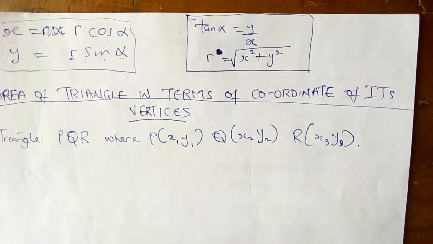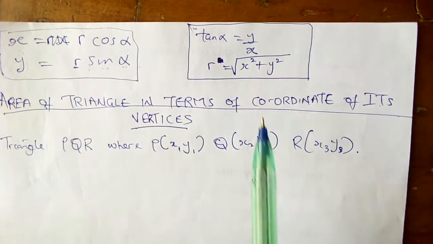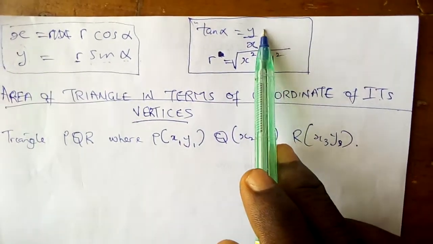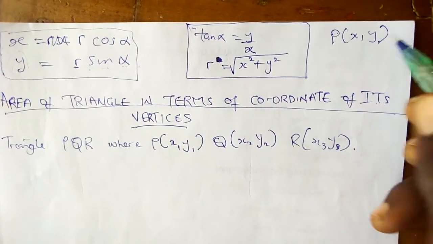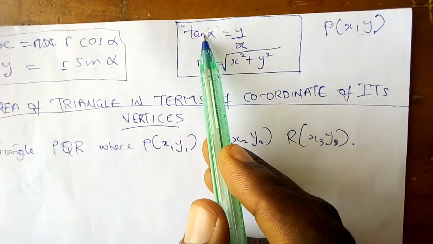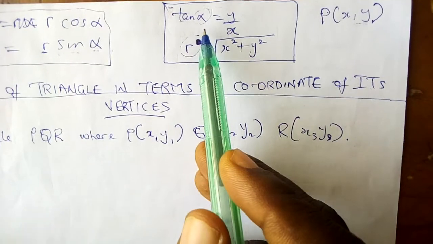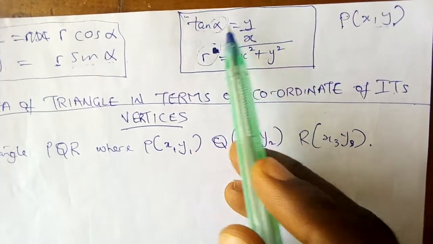Now if you want to convert from Cartesian to polar, this is the formula you will use. They would have given you your x and y in the question. Then if you want to change this to polar, that means you want to calculate the angle and the r. Calculating for the angle, you make use of this formula. Tan alpha will be equal to what?